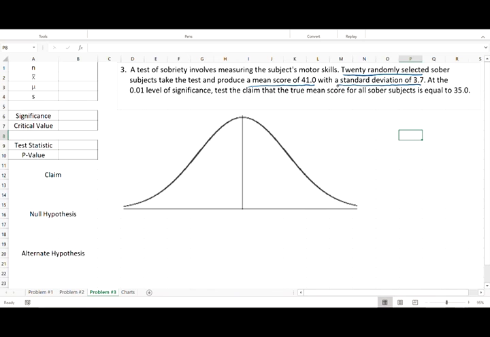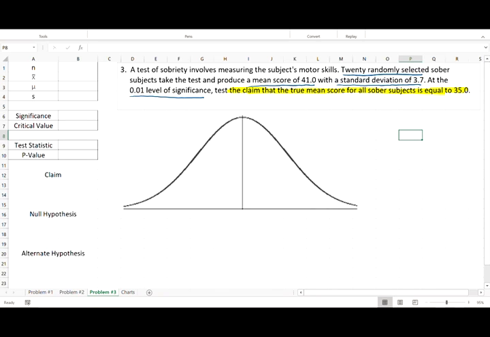That's the sample standard deviation, because both of those numbers are coming from those 20 randomly selected subjects. At the 0.01 level of significance, test the claim that the true mean score for all sober subjects is equal to 35.